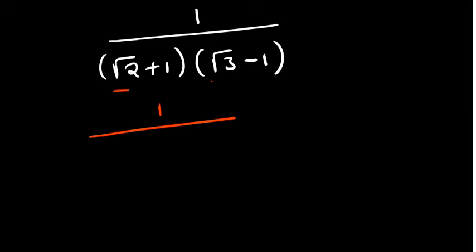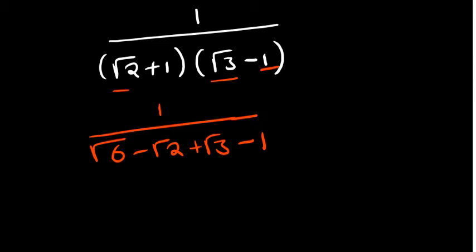Root of 2 by root of 3 is going to be root of 6. It's 2 by 3. Root of 2 by negative 1 is going to be minus root of 2. 1 by root of 3 is going to be root of 3. 1 by negative 1 is going to be minus 1. What do we have?